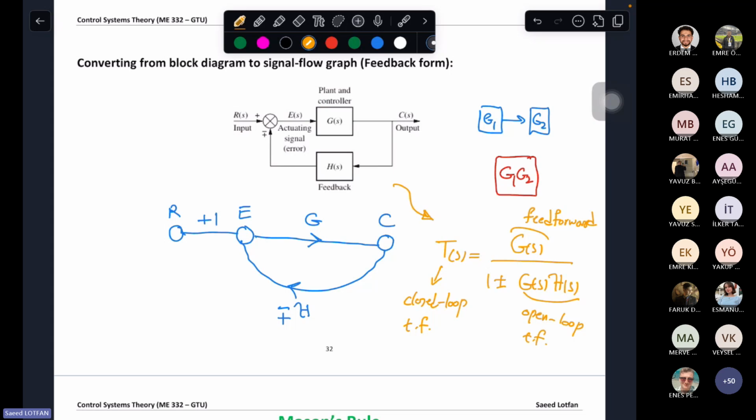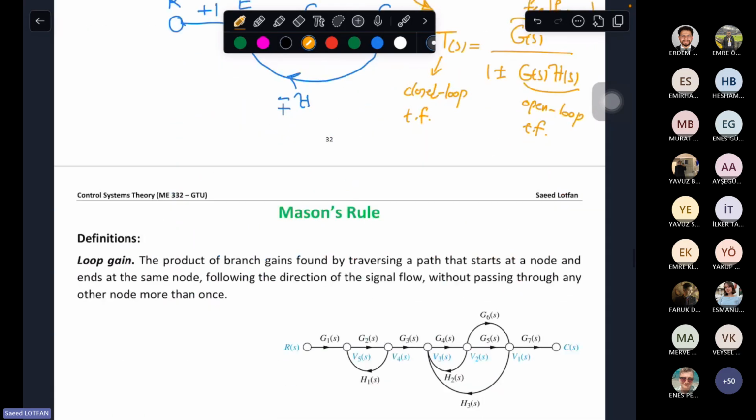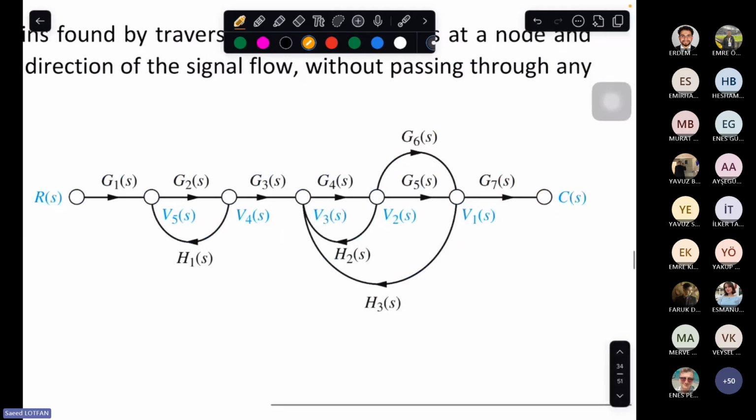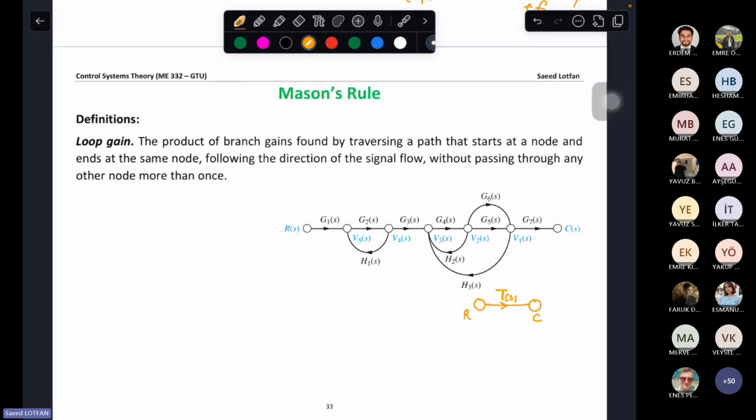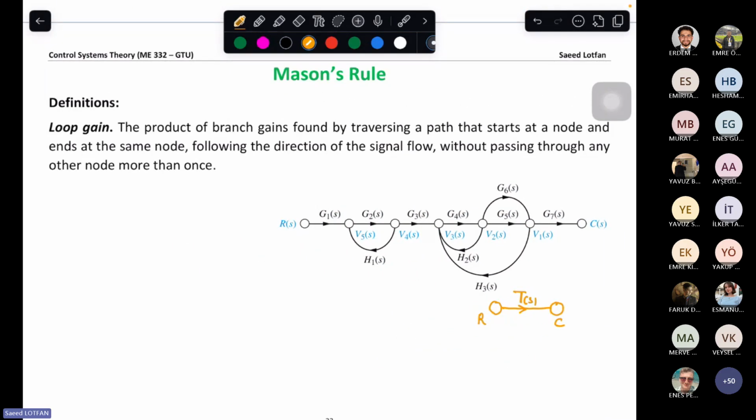For the signal flow graphs, for example, you have this signal flow graph and you want to simplify it as a transfer function between R and C. You can use the same idea as what we did in block diagrams, but there is a rule called Mason's rule, which we have to know in order to simplify complicated signal flow graphs.